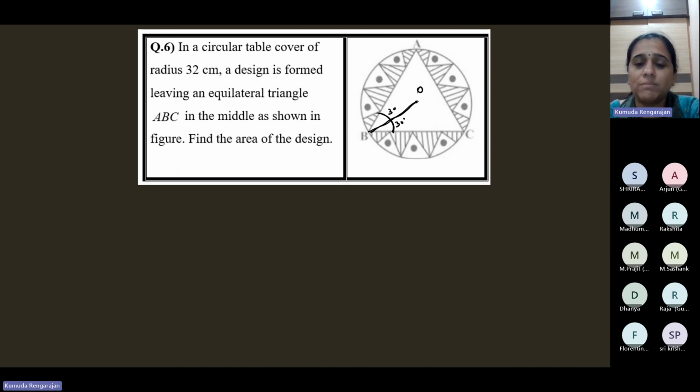And then we drop a perpendicular from the center to the chord. We know that a perpendicular from the center to the chord bisects the chord. So now we have a triangle OBM. Now, to use trigonometric ratios, it is enough if you know one angle and one side in the right triangle.